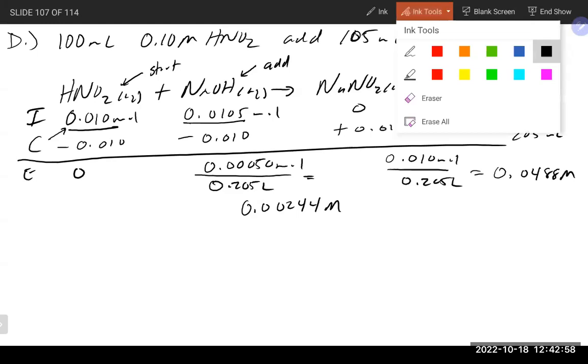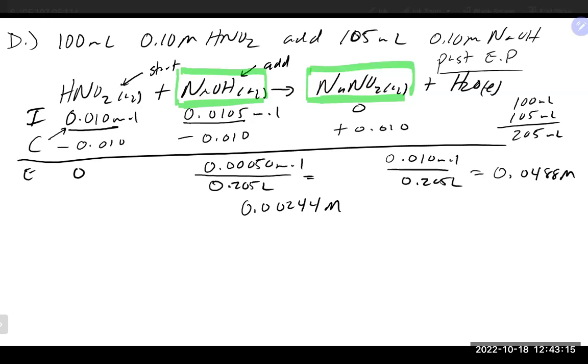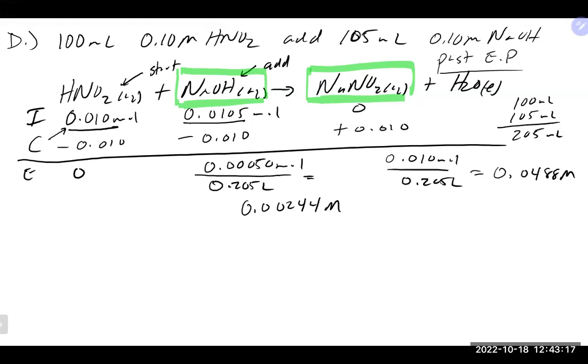At this point, again, if we take a look, we got this guy left over and we have this guy left over. Are those two things a buffer? They are not a buffer, so they are not related to each other. So what we have left over at this point is a salt, and we have a strong base.